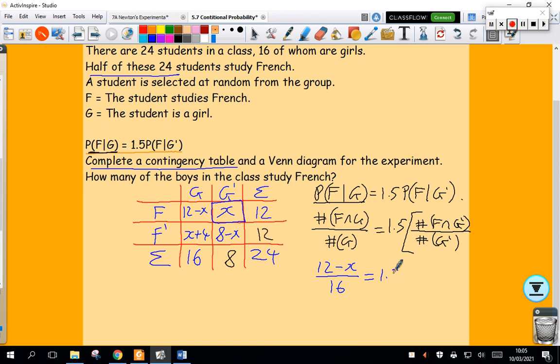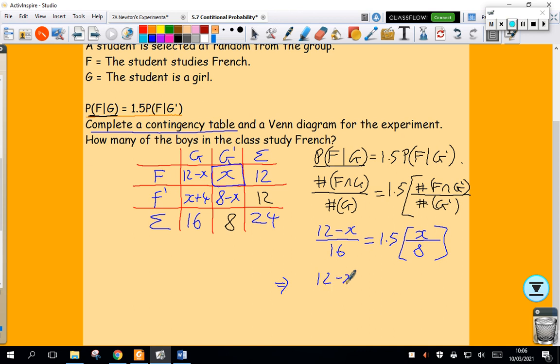That's equal to 1.5 times the number of elements in F intersection G complement, well, that's what we're calling x, divided by the number of elements in G complement, well, that's 8. Okay, so what we have here is a little equation, and I'm going to solve this equation for x.